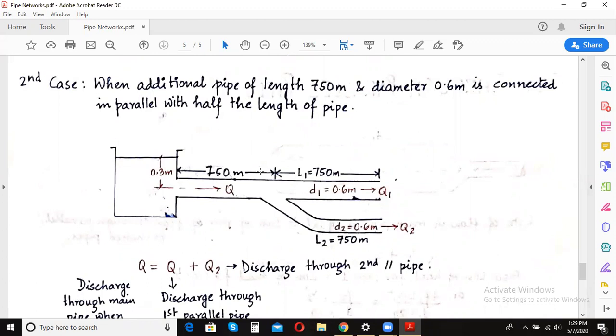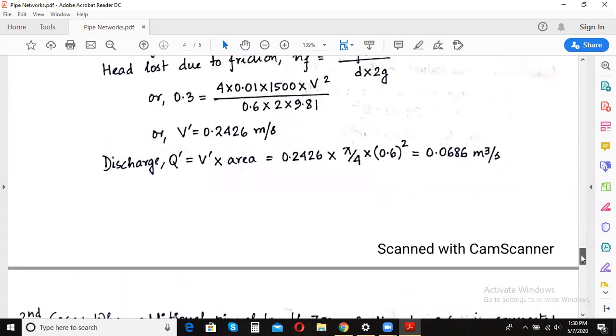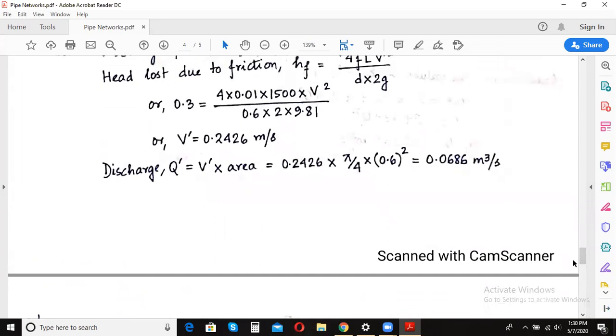The first half is 750 meters. From the second half, another parallel pipe has been joined whose length is again 750 meters. The annotations are very important here. For the single pipe case, we were taking the discharge as Q', not Q, and Q' was equal to 0.0686.